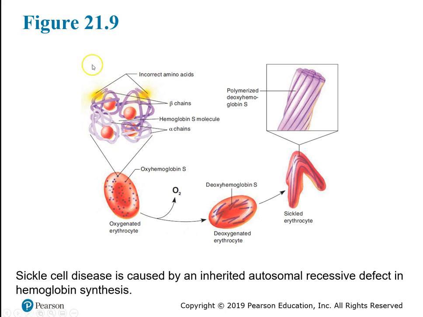So there are incorrect amino acids in that protein, which affect the folding of that protein, and then obviously also affect the function. So you have this misshapen hemoglobin protein, and this is what ends up happening. Oxygen can't bind, and it causes these red blood cells to end up being sickle-shaped.